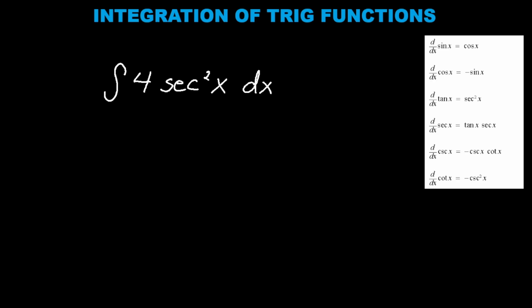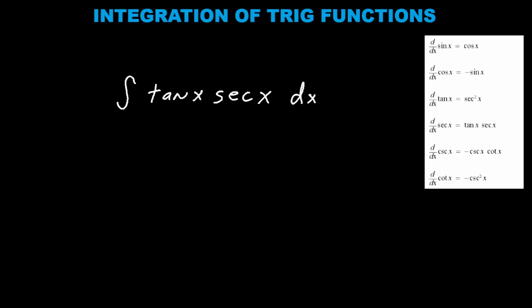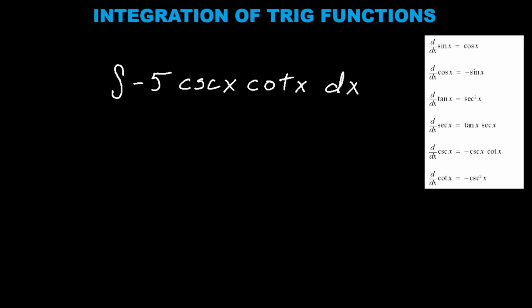So on this one, move the 4 to the front. And then we see the integral for secant squared x is tangent x. So we rewrite it. Then we add the constant. When we integrate tan x secant x dx, we get secant x plus c. Here we have, it's almost in the right form here.